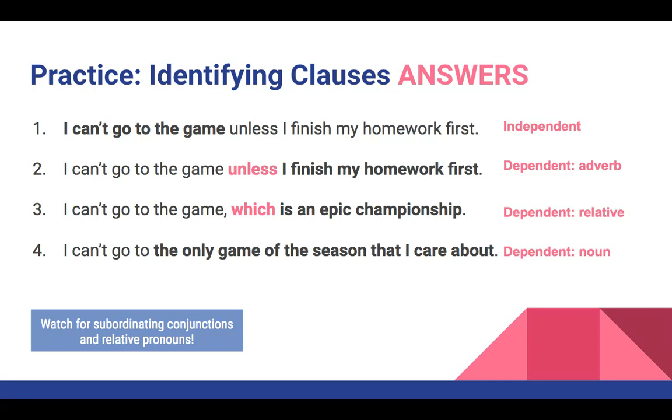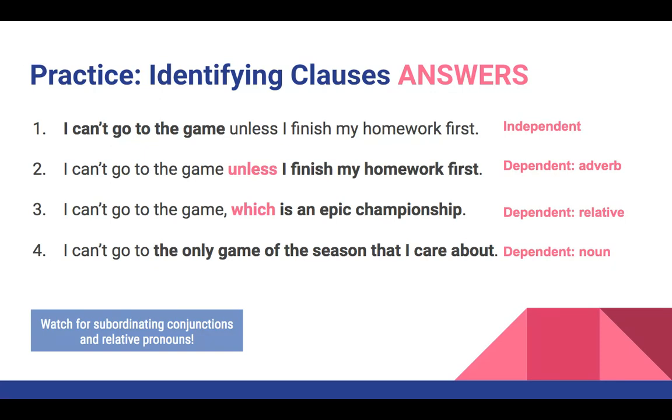Number 4, I can't go to the only game of the season that I care about. All right, we have the bolded, the only game of the season that I care about. If I were to take that out by itself, put a period behind it, that's not a complete sentence. I can't come to you and say, the only game of the season that I care about. You would look at me and say, what about it? I need more information, not a complete thought. So it is dependent. Now, I look at the beginning word.